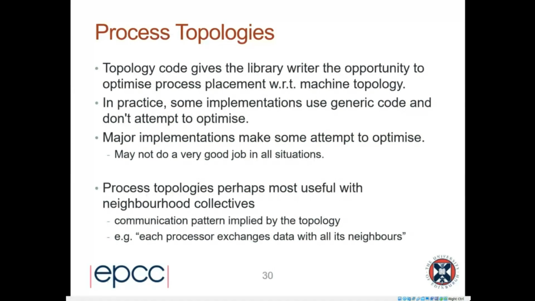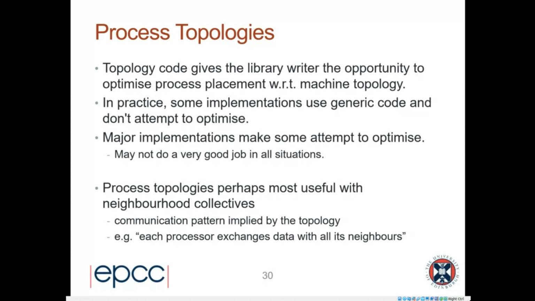Process topologies are nice if you have regular grid communications. You should try and use things like MPI Cartesian topologies. At the moment they're a bit of a convenience, for reasons I could come back to, but process topologies really come into their own with neighborhood collectives, because there you have a single routine to say I want my process to exchange data with all its neighbors, and because you have told MPI that your processes are in a 3D grid, it knows who your neighbors are.